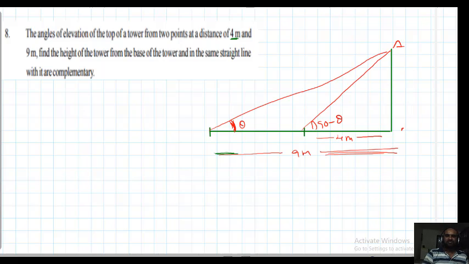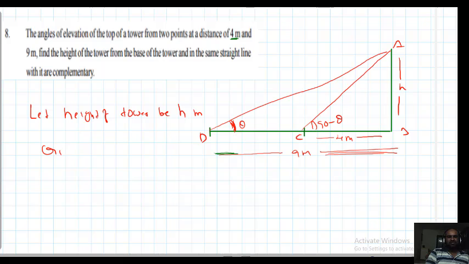A, B, C, D, this is H. Let the height of the tower be H meters.